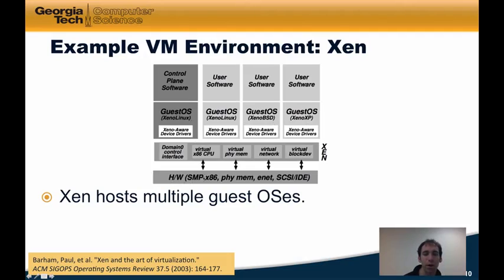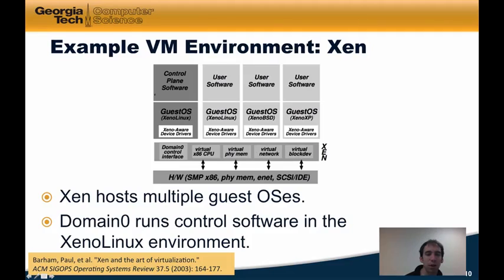So the hardware here, of course, which is processor, memory, the physical network interfaces, and so forth, is then abstracted away by the Xen hypervisor. And domain 0, which is shown over here on the left, essentially runs the control software that arbitrates how these other guest OSs gain access to the underlying resources.